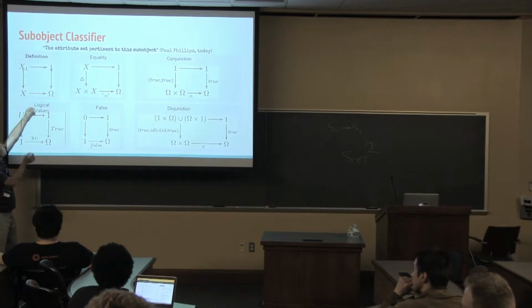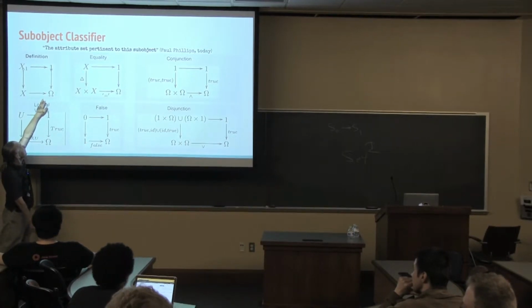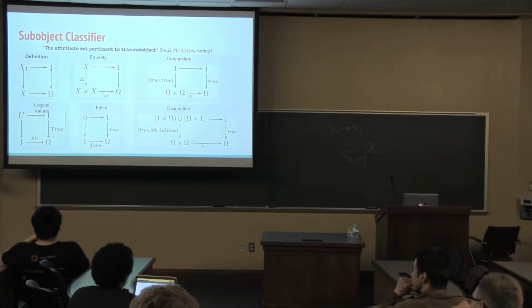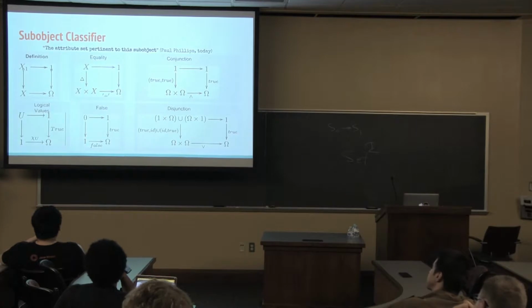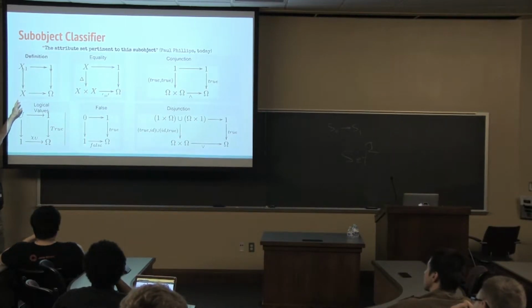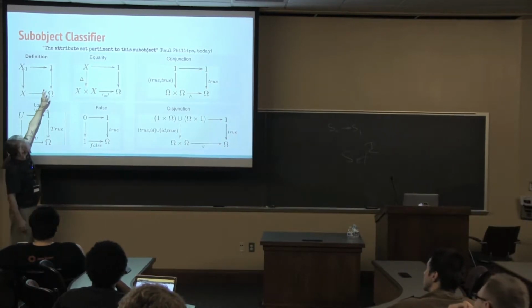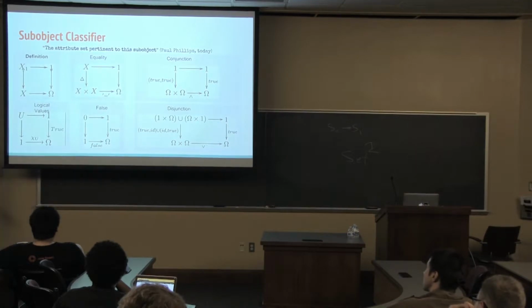So suppose we have this arrow from x to omega and 1 into omega. x1 would be the biggest subobject of x making this thing commute. We cannot make the whole thing commute with object x on top because this thing may not map all the points here into true. So I'll show you examples.